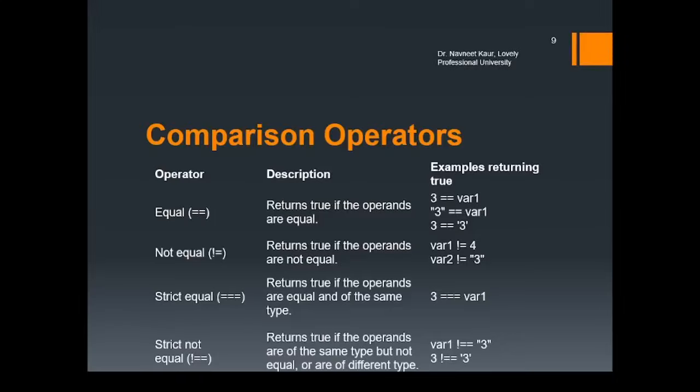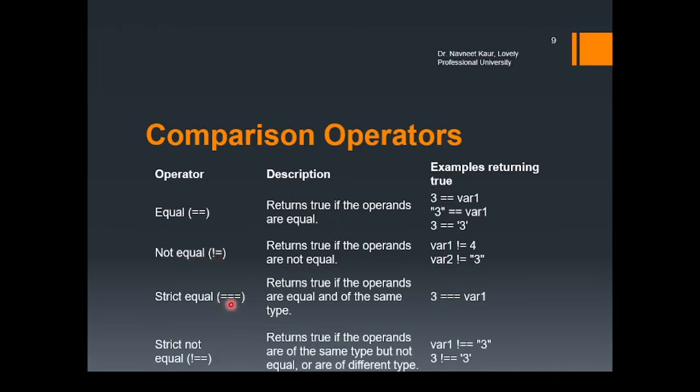Then we have comparison operators. These are used to compare two operands. The different operators that we will be using are double equal to (==), that checks the equality of the two variables. Then exclamation equal to (!=), which means not equal to. You want to check whether really they are not equal to each other.